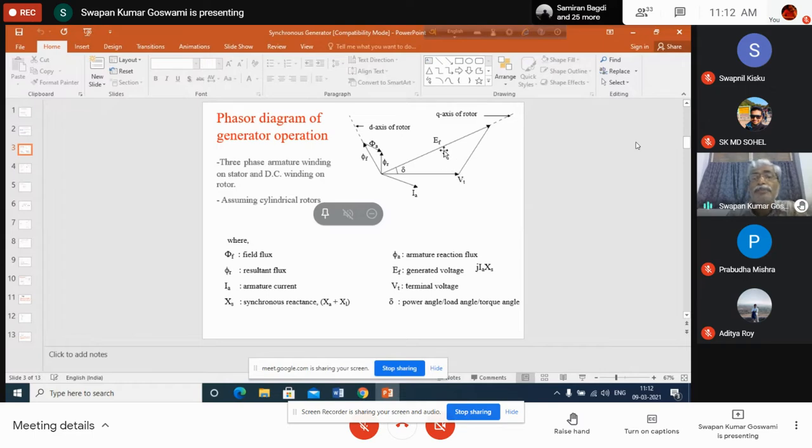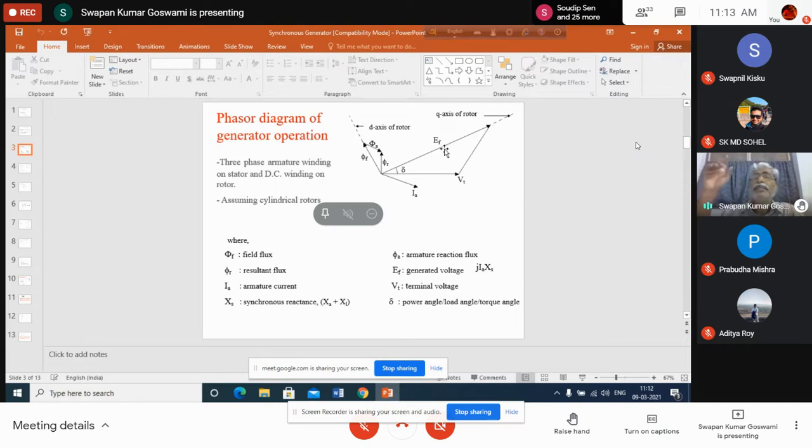But what is the frequency of EF? Obviously, this will be determined by the speed of rotation of the rotor of the synchronous generator. A synchronous generator at steady state will rotate at synchronous speed. And what is the synchronous speed? The declared frequency is 50 hertz, and depending upon the number of poles of the machine, the speed of the rotor of the generator will be decided.